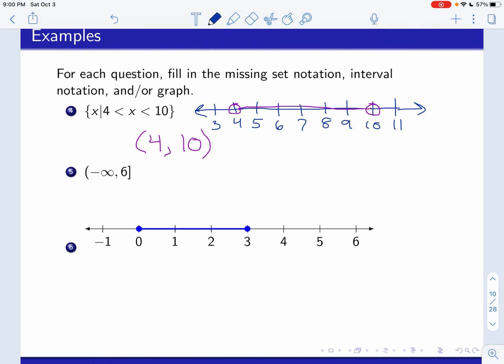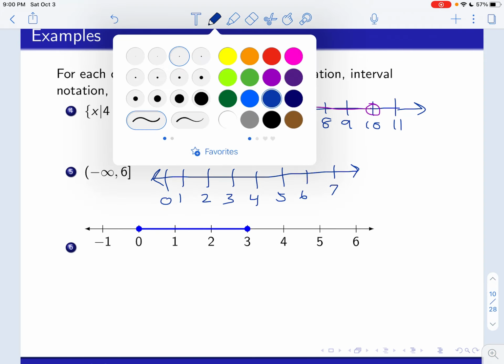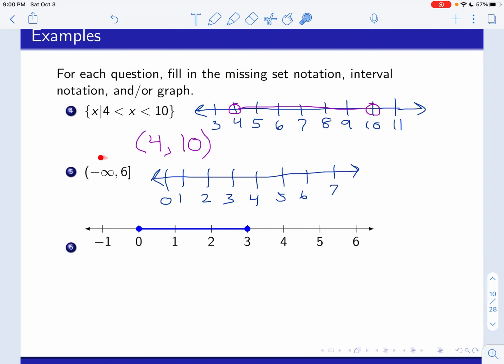Negative infinity to 6. That's an interval. If I draw it on a number line, the negative infinity tells me it's going to go forever to the left, and the 6 tells me that its endpoint is right here.